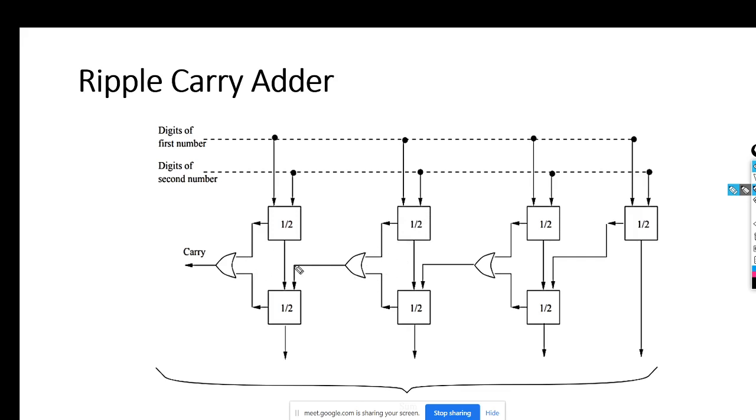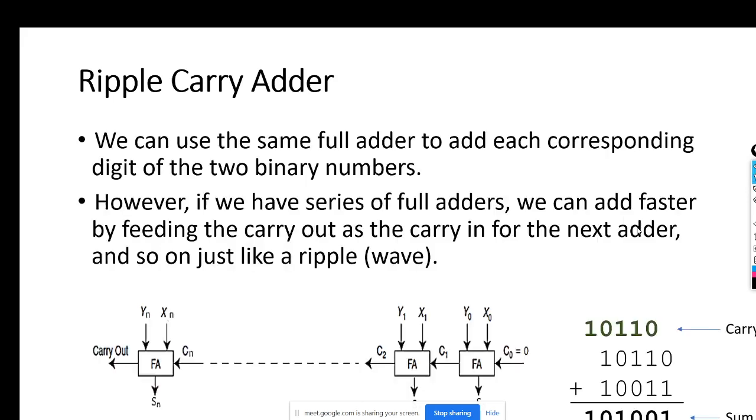But you can clearly see something very interesting: here you need two half adders, everywhere you need two half adders, but for the first full adder, since we know that this carry in is always 0, we can just use one half adder only.